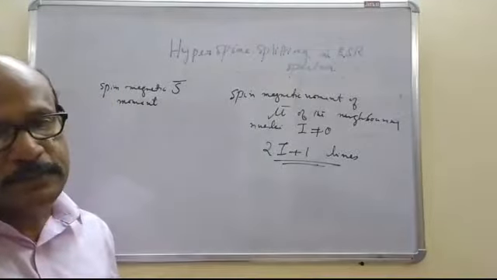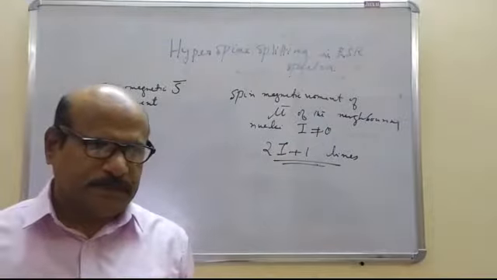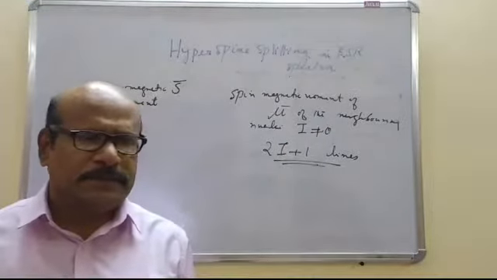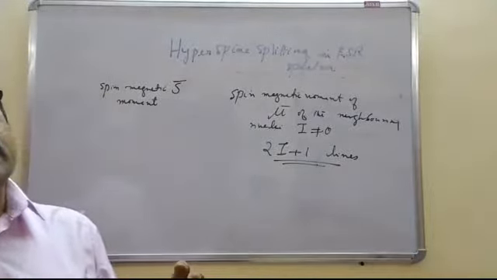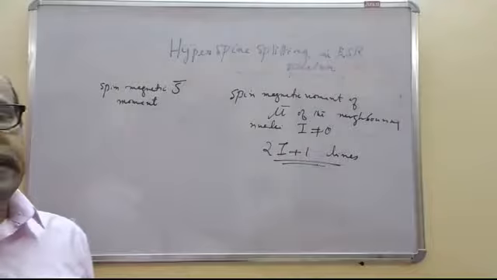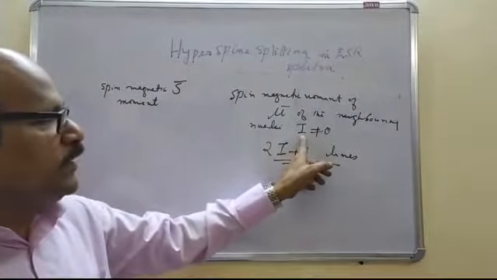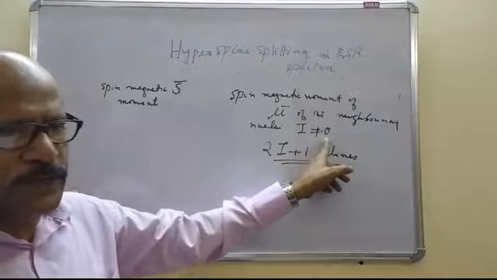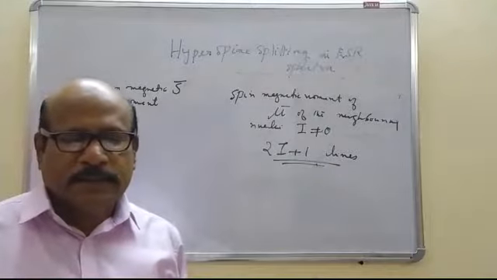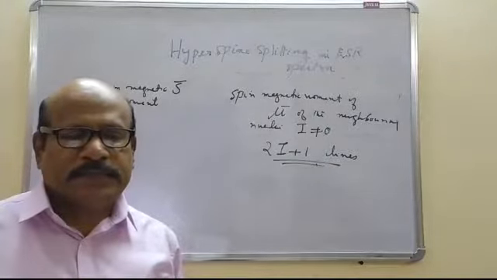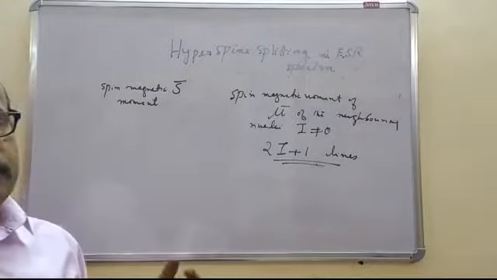Here, the spin magnetic moment S of the unpaired electron can interact with the spin magnetic moment of the neighboring nuclei with I not equal to 0, or I greater than 0, which results in the splitting of the absorption signal into 2I plus 1 components.